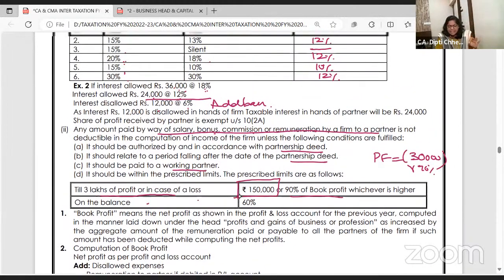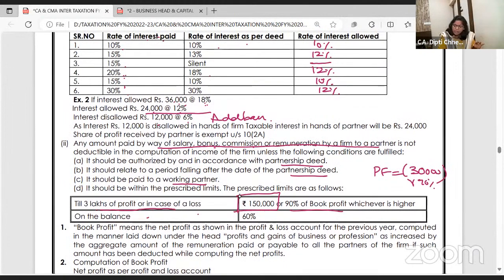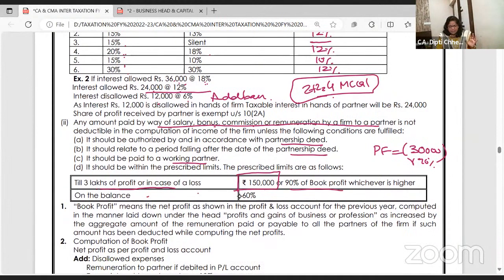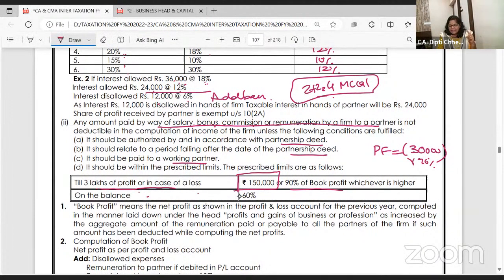If you are understanding my explanation, write down. You are already covering 2 plus 2, 4 marks MCQs in these two beautiful concepts. Are you all with me? How much remuneration is allowed to partners? Up to 3 lakh, or in case of loss, 90% or 1,50,000.